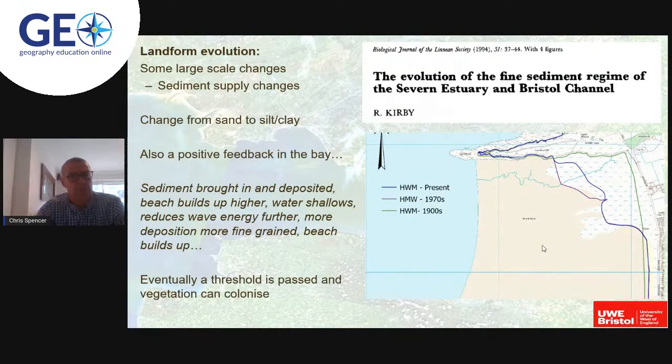So we have a positive feedback of more and more deposition, reducing wave energy more and more, with more sediment being deposited. And because the energy is less, more and more of the fine-grained sediment is being deposited in this bay. And eventually a threshold is passed, where it builds up so high that some of the areas right at the back of the beach were exposed at high tide, maybe for long enough just so that the first plants could start to colonize, the first salt marsh plants, the pioneer species.